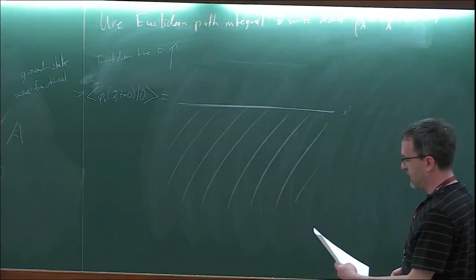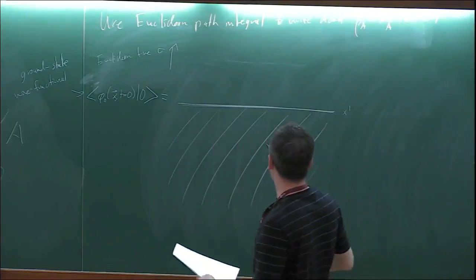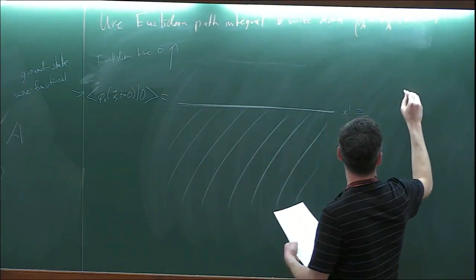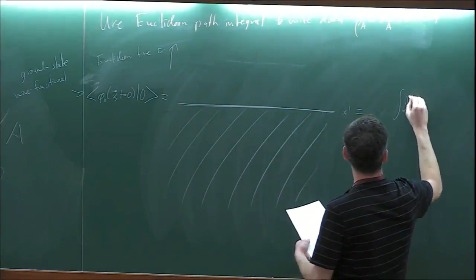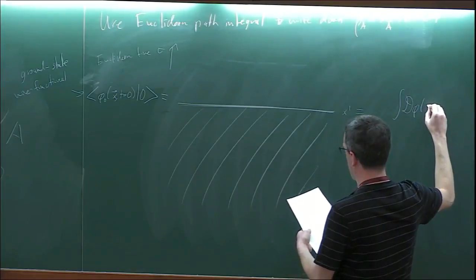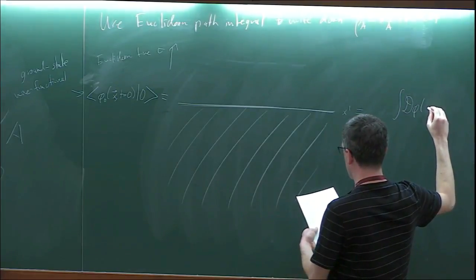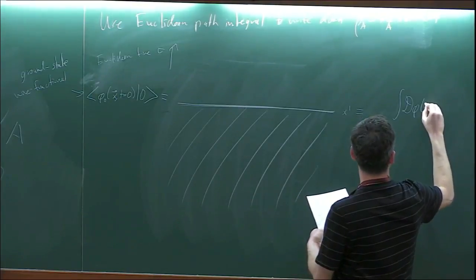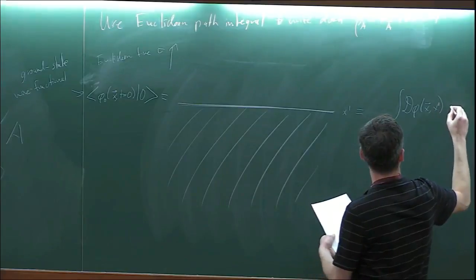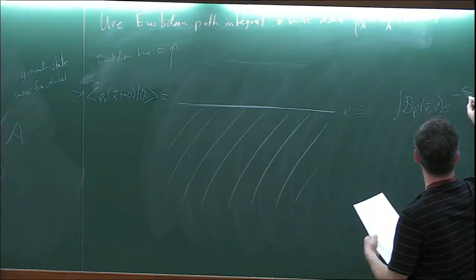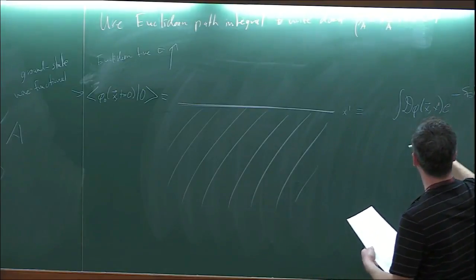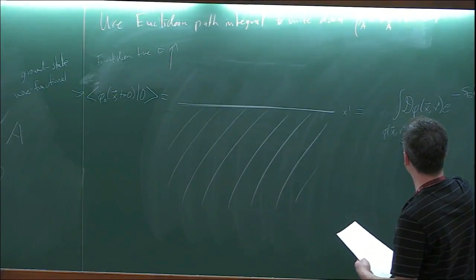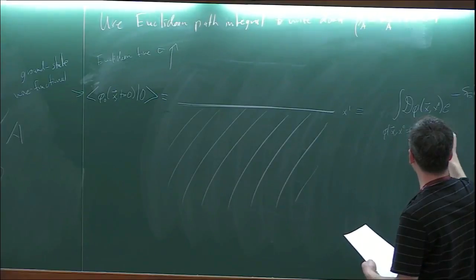So that's my picture, and what I mean by this is the following. Path integral over my fields, e to the minus Euclidean action, with the boundary condition that phi at x naught equals 0 equals phi naught of x.